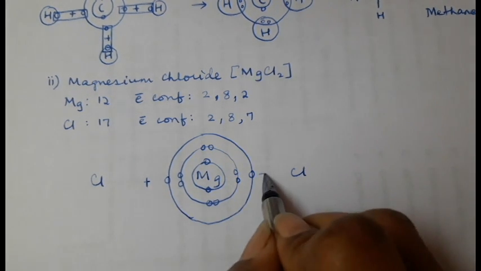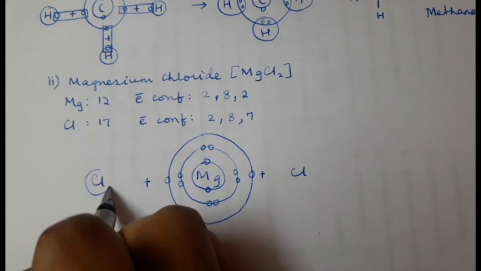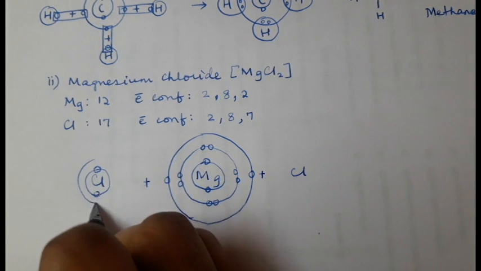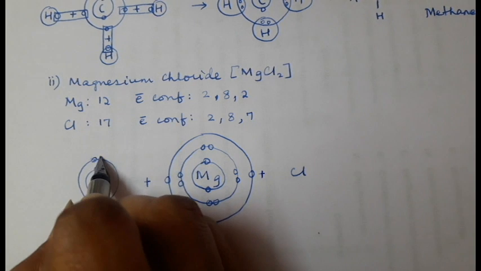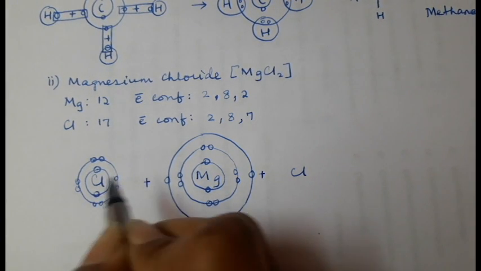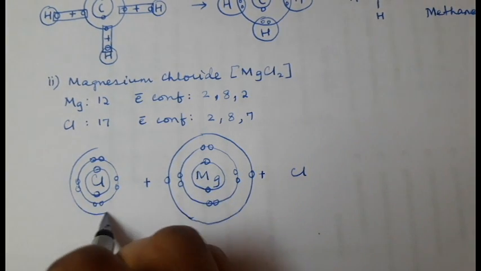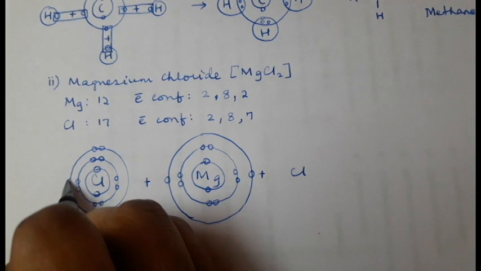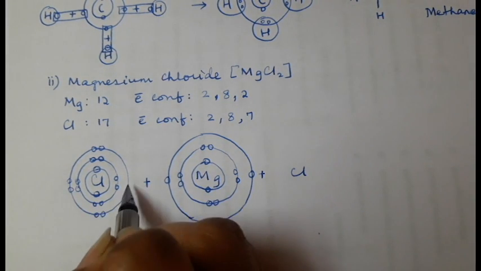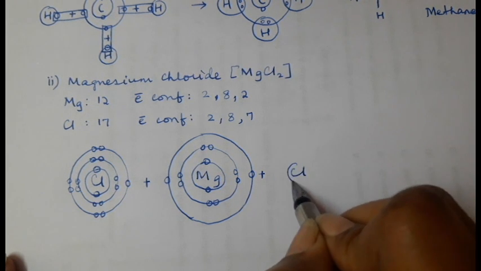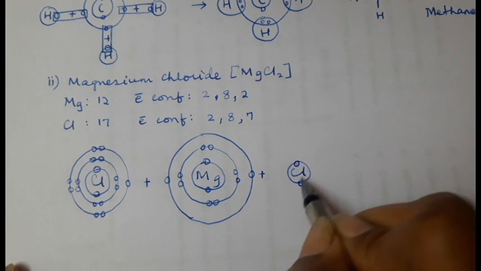Added to that is chlorine. It will have its 2 electrons, then it will have 1 2 3 4 5 6 7 8, and then the third shell will be 1 2 3 4 5 6 and 7. This chlorine, the same thing.